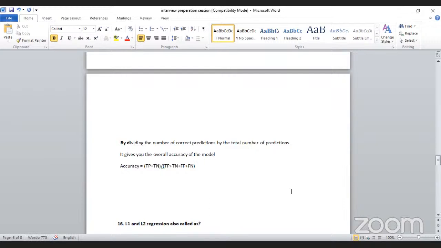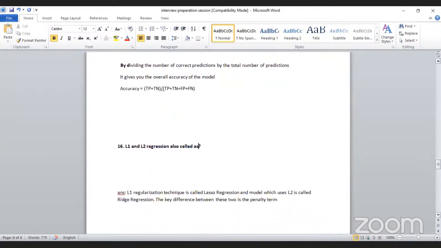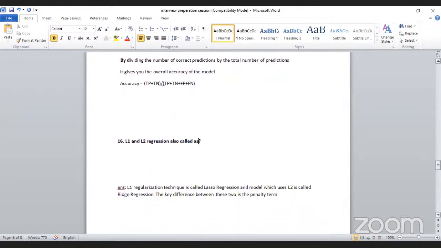L1 regularization technique is called lasso regression, and the model which uses L2 is called ridge regression.